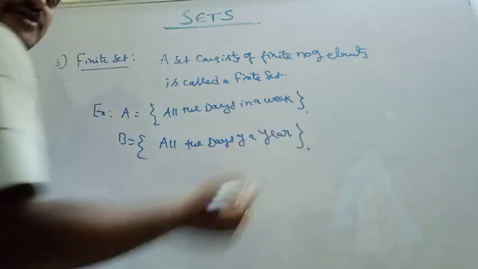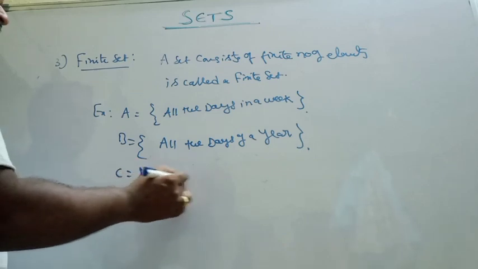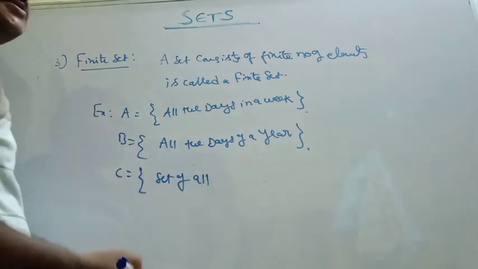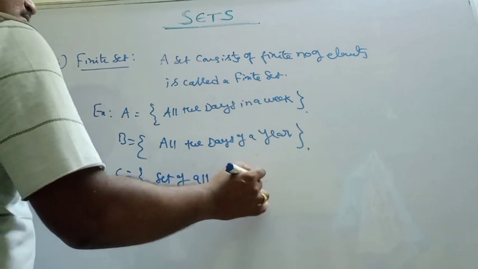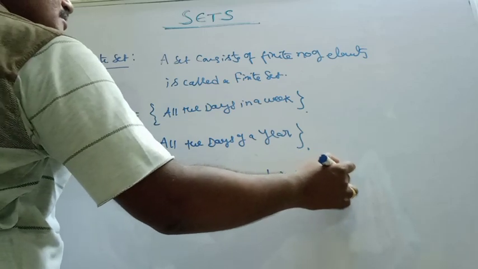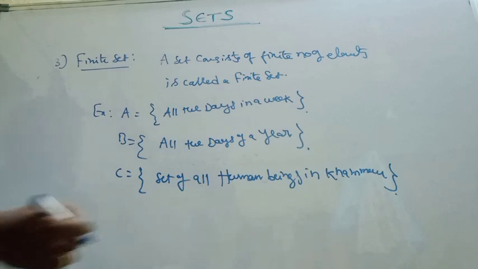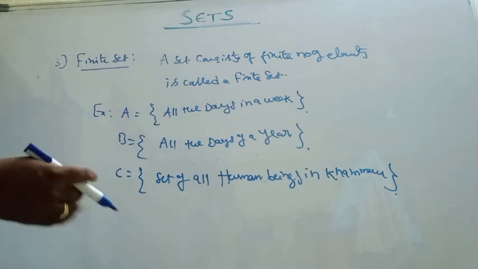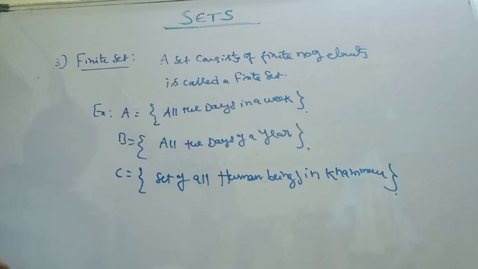This is also a finite set. C is equal to the set of all human beings, which is countable. Even the set of all human beings in India is also a finite set, right, my dear students?